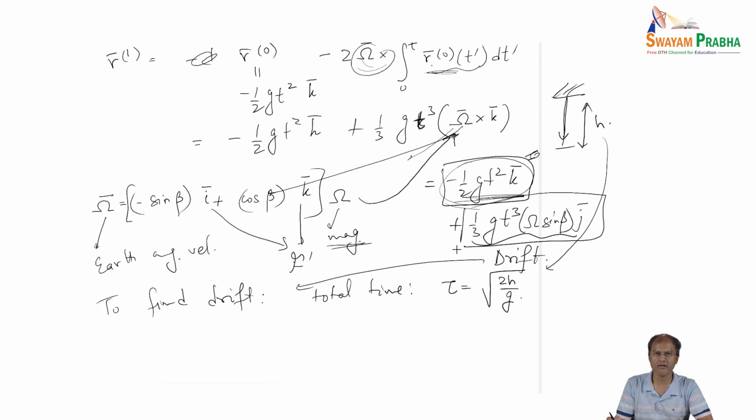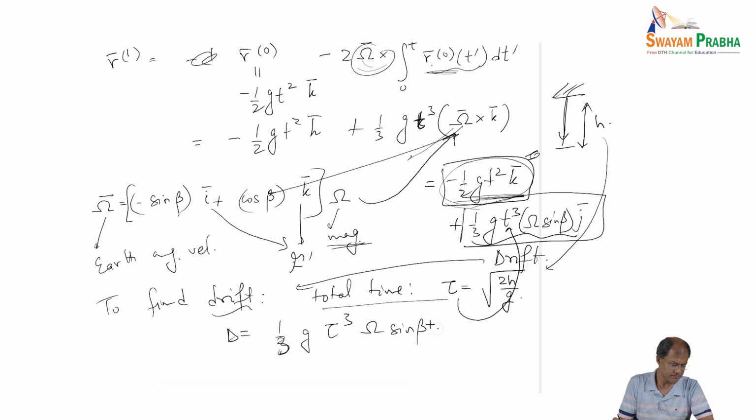From here we can find the total time approximately. Now if we plug it into this drift formula, let us call this d. So d is 1/3 g tau cubed omega sine beta, and clubbing this into the formula, this is also equal to 8h cubed by 9g, after clubbing everything, omega sine beta.